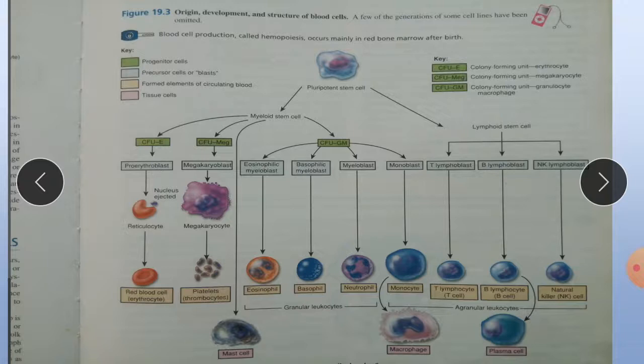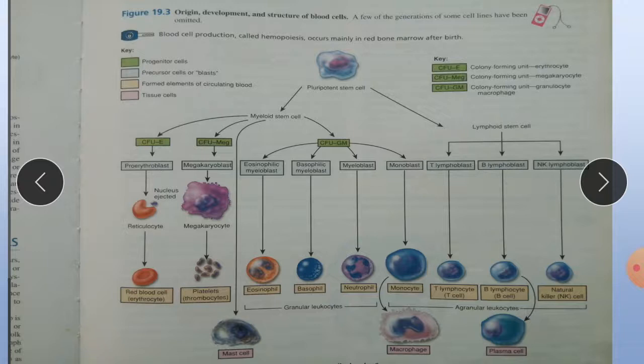CFU-GM ultimately produces the granulocytes, specifically neutrophils, and monocytes. So CFU-GM will produce the eosinophils, basophils, neutrophils and monocytes. In the next generation, the cells are called precursor cells, also known as blasts. So after the colony forming units, the various blasts are available here.